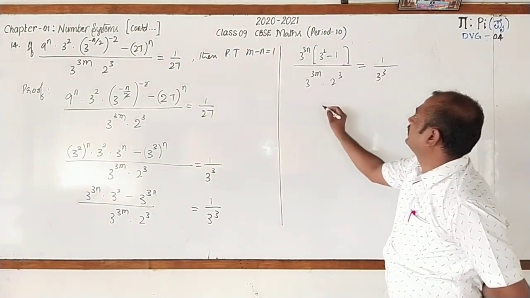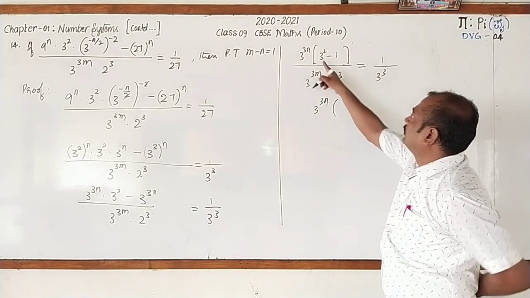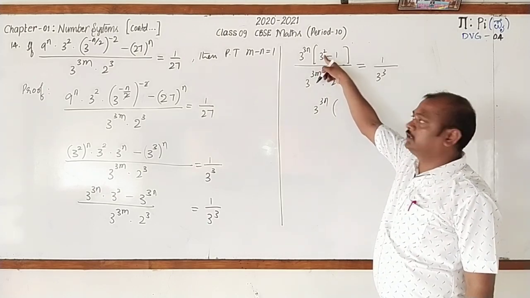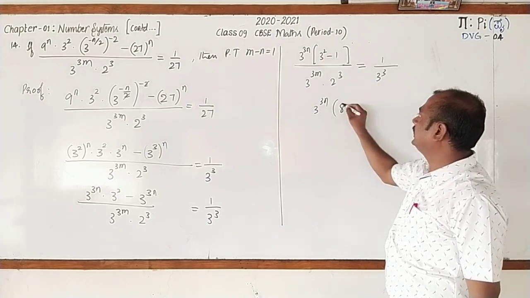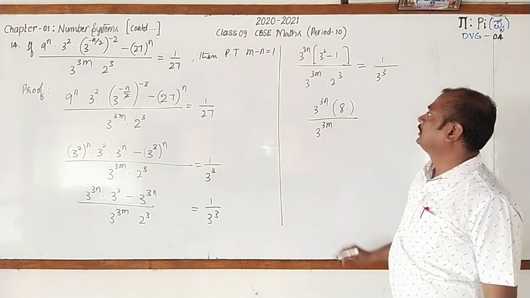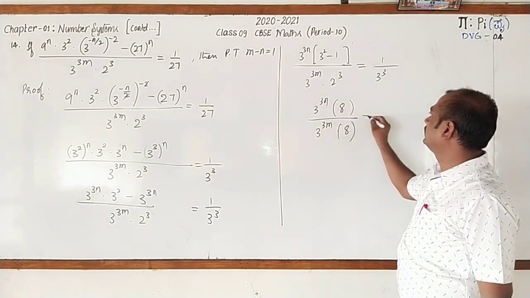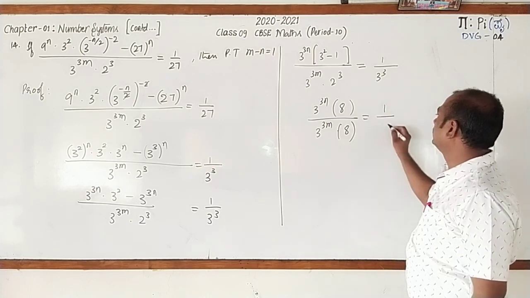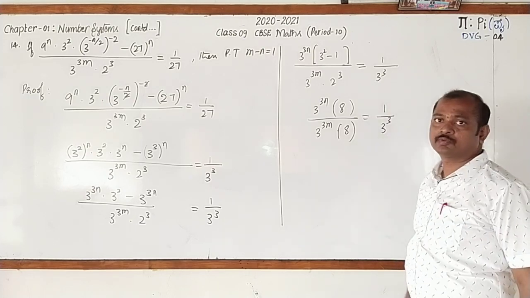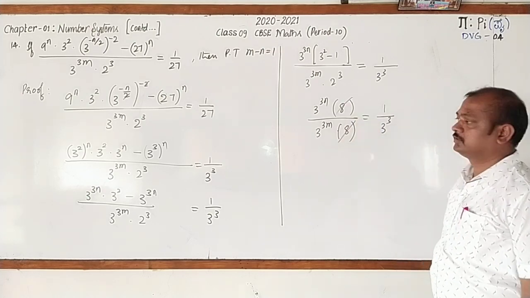Observe this. 3 raised to the power 3n into what is 3 square? 9. 9 minus 1? 8 by 3 raised to the power 3m into what is 2 cube? That is also 8. It is equal to 1 by 3 cube. Understood? Now 8 and 8 get cancelled.